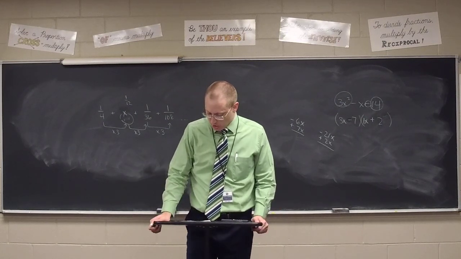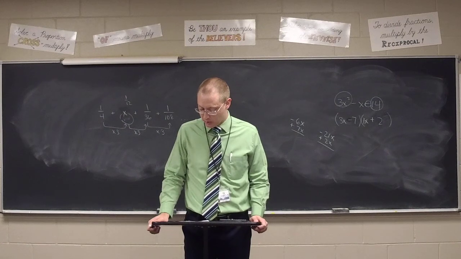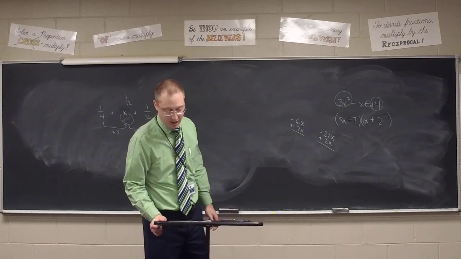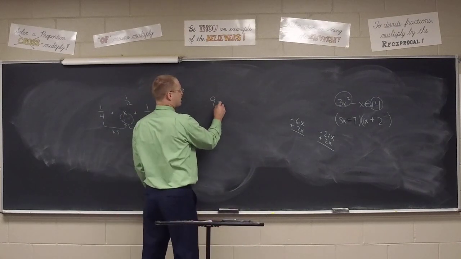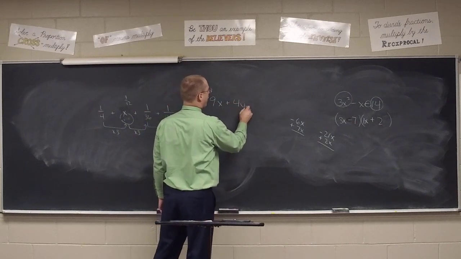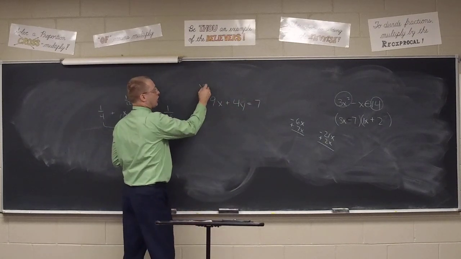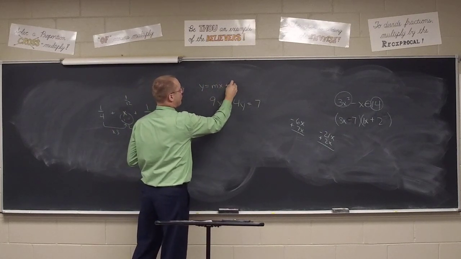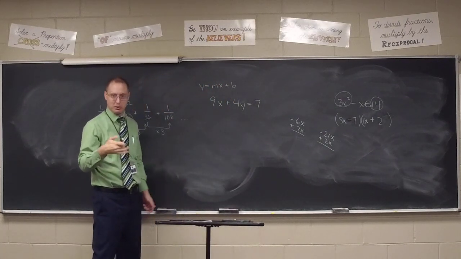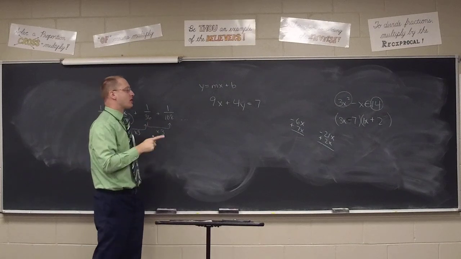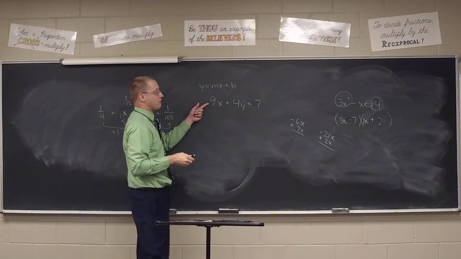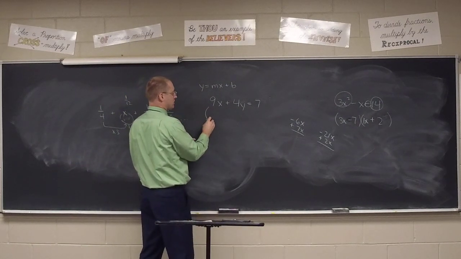Number 10. What's the slope of any line parallel to the line 9x plus 4y equals 7? Well, slope. What is slope, class? Rise over run. And you might recall something called slope-intercept form. Do you remember y equals mx plus b? The key to figuring out the slope here is to convert this into slope-intercept form.